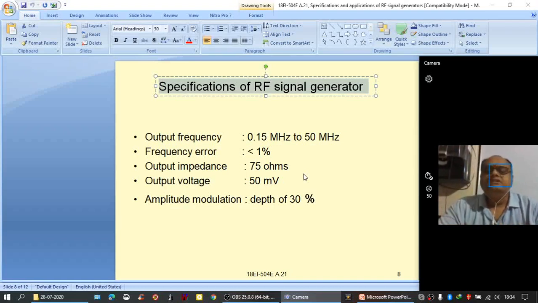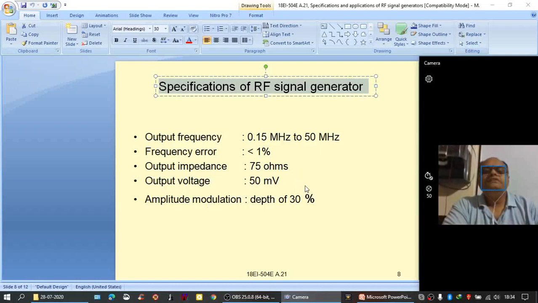It produces the frequency, and the error in the frequency is less than 1%. Output impedance is 75 ohms, very low.